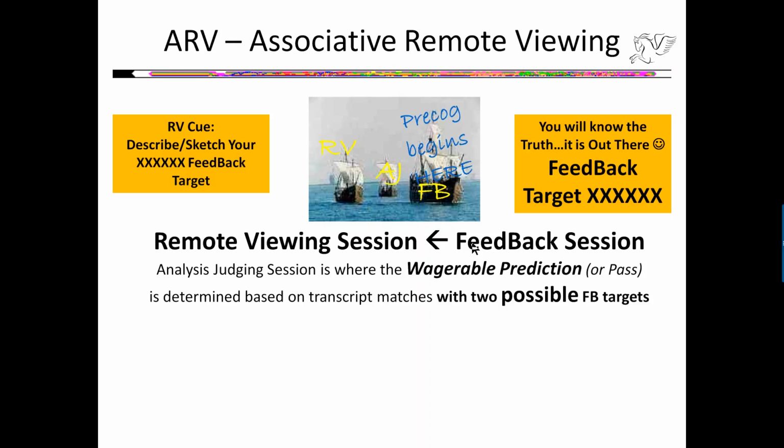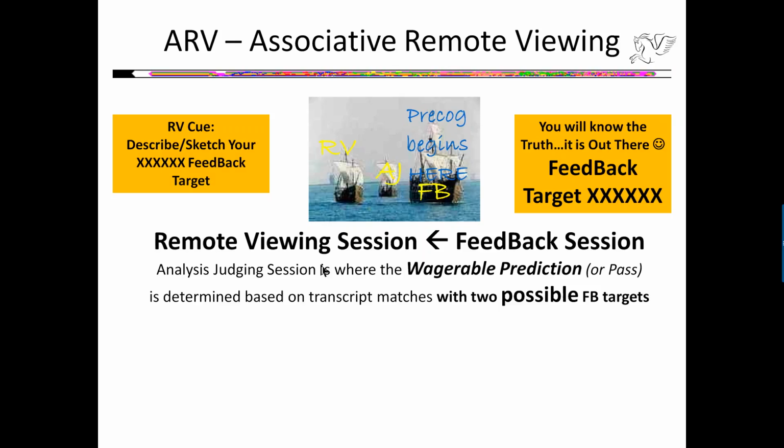Now, the analysis judging session is where this wagerable, we do a lot of wagering here, but even if it was a yes-no question, it's where the analysis goes on so that you can make a prediction. Or, sometimes you might not have a good enough transcript and the person might pass. But that's what this session is all about.